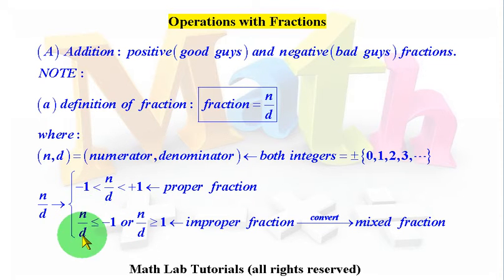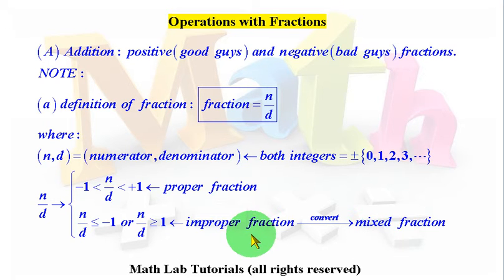When the fraction n over d is less than or equal to -1, or greater than or equal to 1, then the fraction is called improper. And we usually convert improper fractions to mixed fractions. This is usually done in the elementary grades. They teach you how to do this in elementary school.